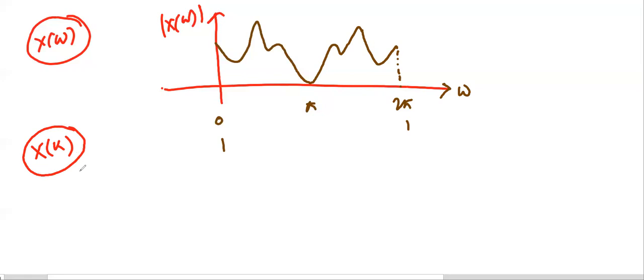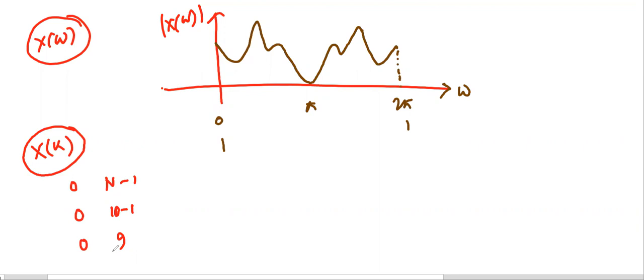For example, here, let's say we are giving 10 samples. So 0 to N minus 1, that is 10 minus 1. So 0 to 9 are the samples.